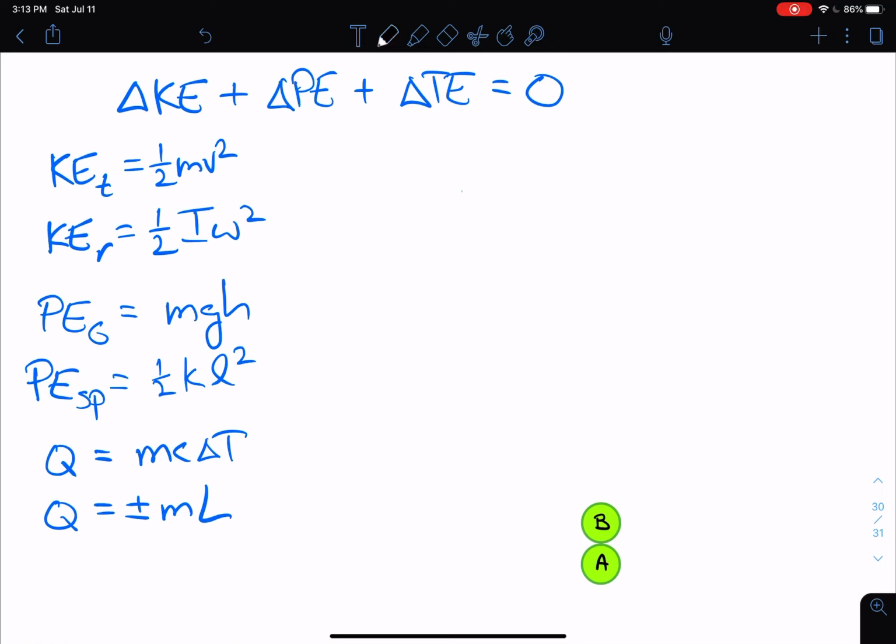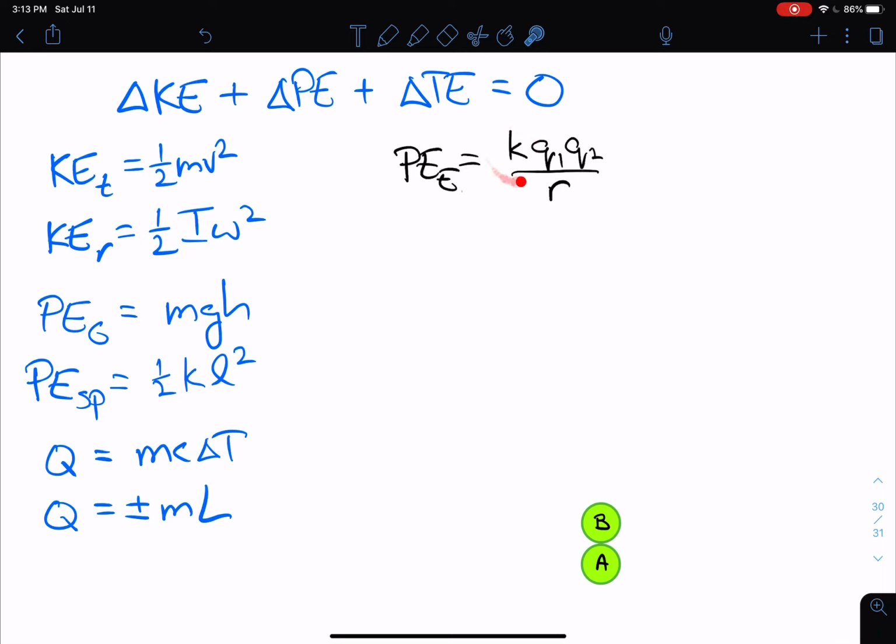Now we are introducing electrostatic potential energy, and the particular equation I want to focus on right now is k times q1 times q2 over r. This k here is Coulomb's constant, the 9 times 10 to the 9th, different from this k here, which is the spring constant, and depends on the spring.